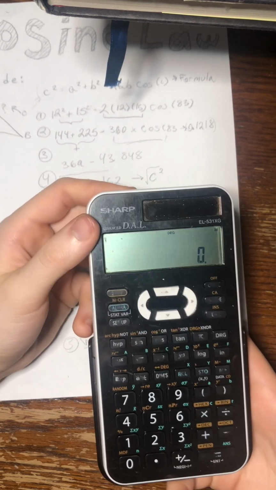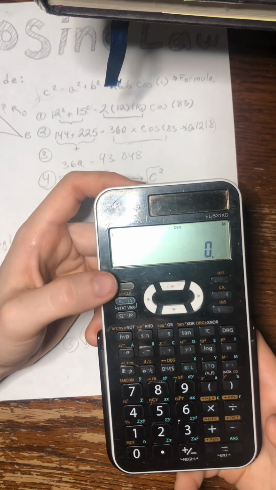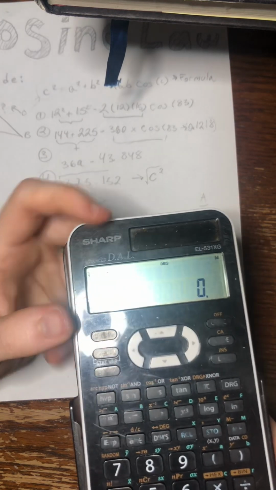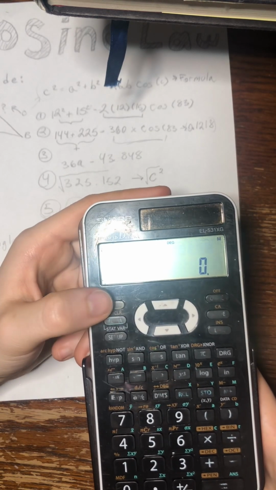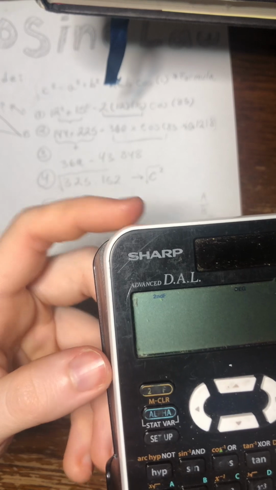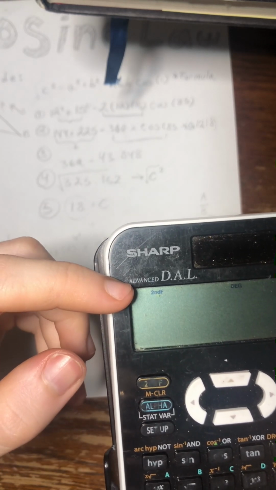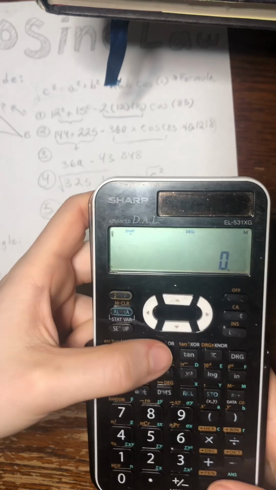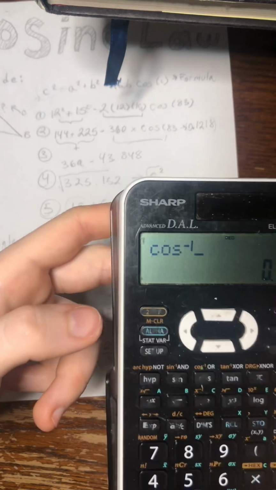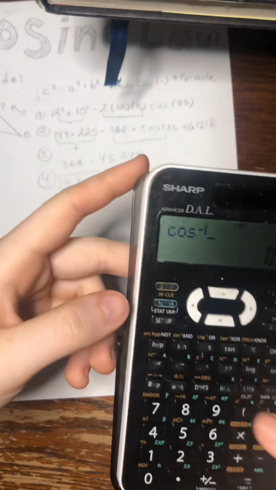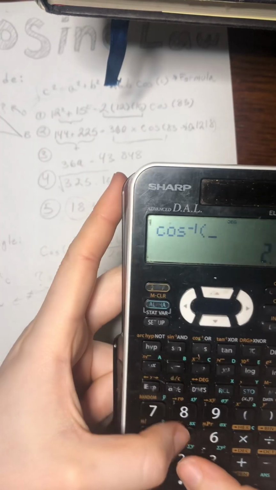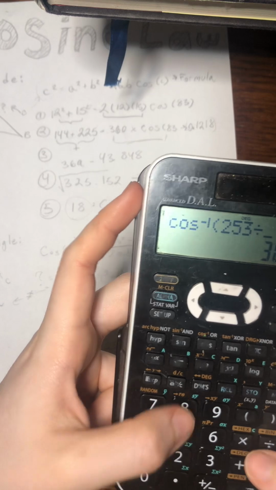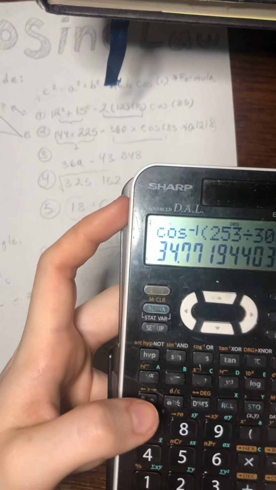There's going to be a yellow button on your calculator. Also, when you're solving these things, make sure your calculator is in degrees. You're going to click this yellow button, and it should say second and an F. This would just invert it, basically. So we would press that, and then press our cos, which gives us cos -1. And then we would do 253 divided by 308, which gives us an answer of 34.77.